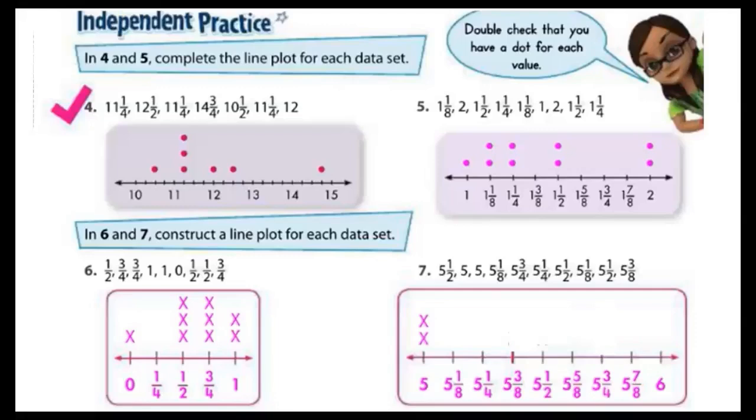Okay, now the second one will be 5 and 1 over 8. How many 5 and 1 over 8 are in the statement? Count them, please, carefully. Okay, I see, I heard you. Yes, 5 and 1 over 8 is repeated 2 times. Where are they? This is 1, and this is the second one.